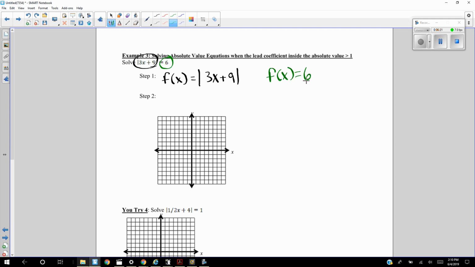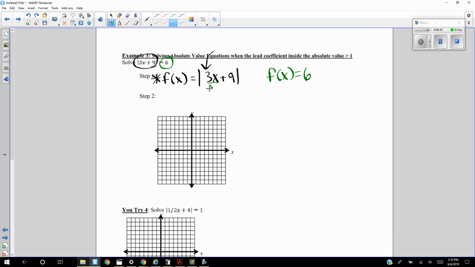Now remember, when we graph this one right here, we don't really have a transformation rule when the lead coefficient in front of x on the inside of the absolute value is not 1. So what we want to do here is factor out that 3. We want to divide it out basically.